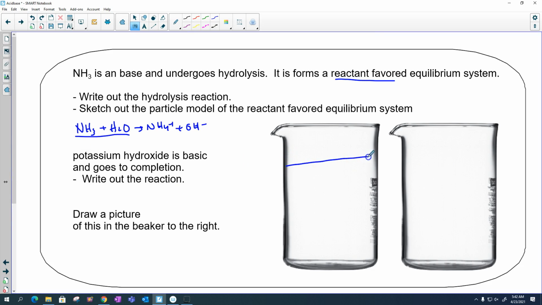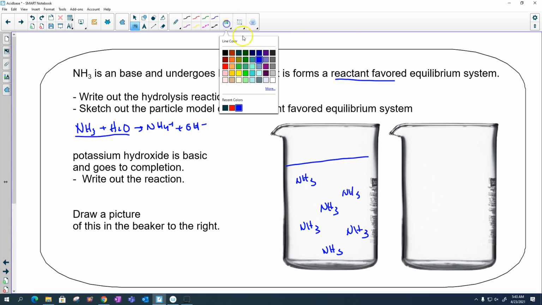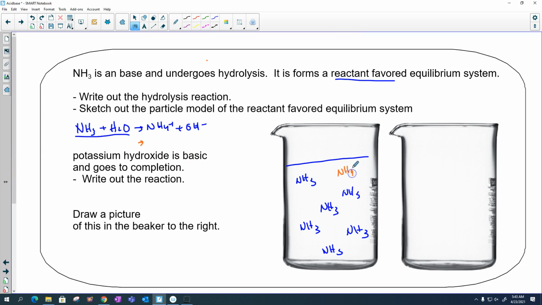So we're going to draw this out, NH3, a whole bunch of these. As I mentioned in a previous video, trying to mimic nature, things are either very reactant favored or very product favored. Very little in the middle. If I want to draw out some products, this thing is only barely squeaking over. I could draw one of them, but I wouldn't want to draw two, or my ratio would be pretty far off from what I had originally.